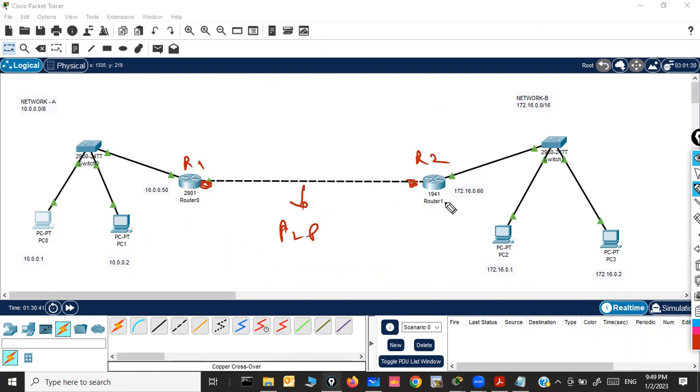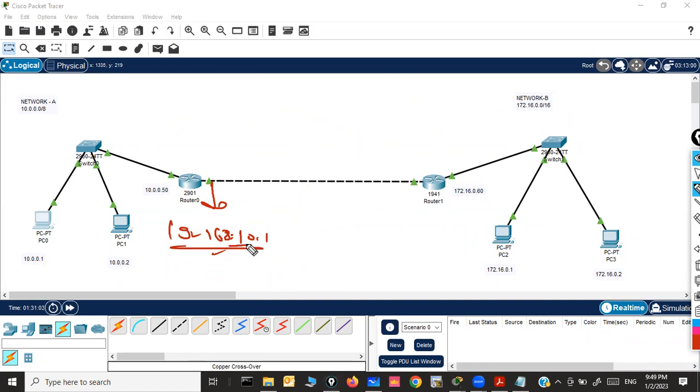Now the question here is about the IP address you are using; any IP address, let's say 192.168.10 or 192.168.50, no problem. What mask will you use here? Forget about the IP address, whatever IP you are using, no matter.